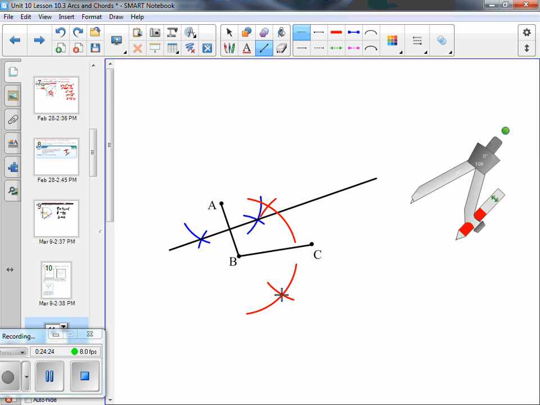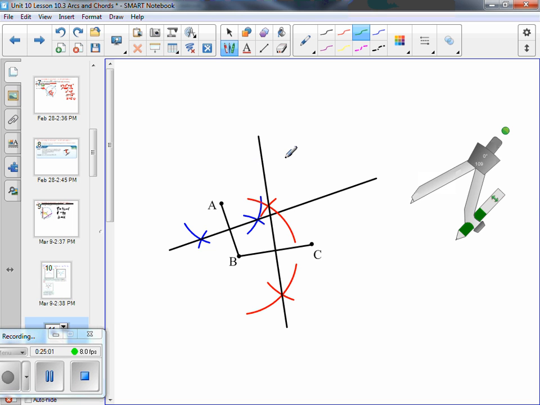Use your straight edge to go through the intersection on both sides of segment BC, and you've constructed the perpendicular bisector of segment BC. You with me? They got to cross somewhere. And now the real fun begins.